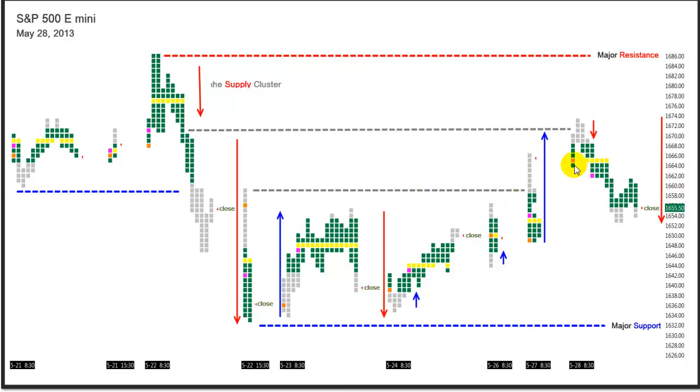And at the open of today's session, the S&P auctioned up to 1670, 1672, the lower edge of the upper supply cluster.